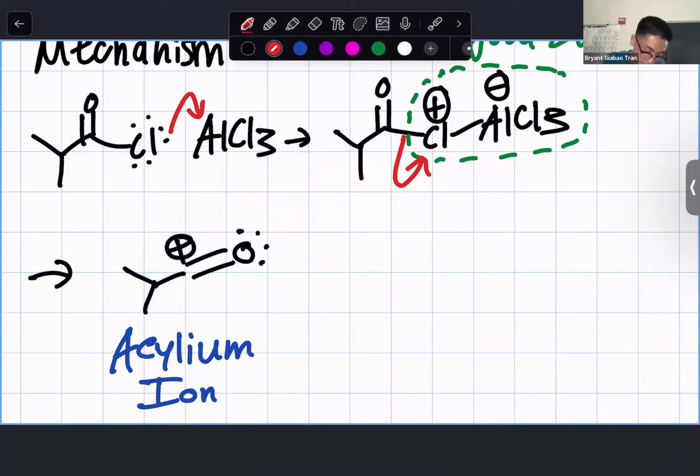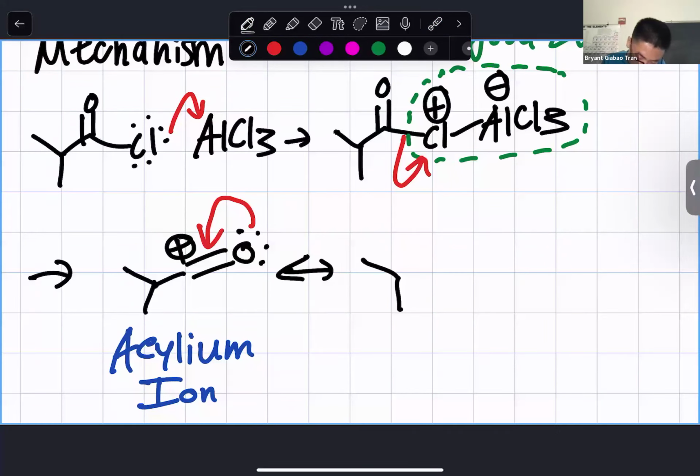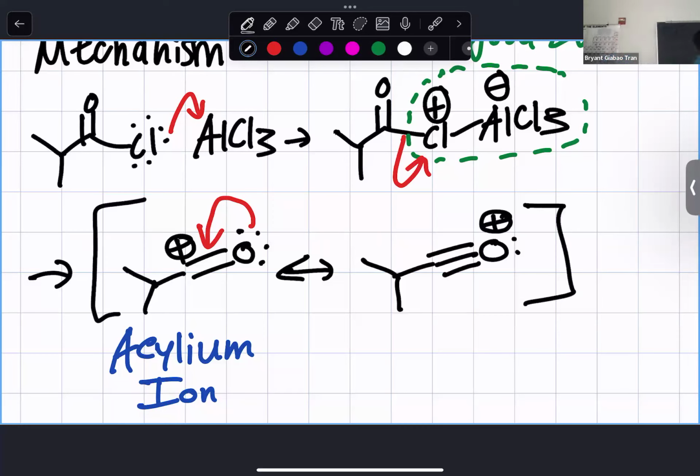The major form is when the oxygen donates one of its lone pairs of electrons to make a triple bond between that carbon and oxygen, giving that oxygen a positive charge. This is the major resonance structure because all atoms here fulfill the octet rule. This is the minor one because this carbon is missing the octet, missing 2 electrons. But our electrophile is actually going to be that carbon right there.